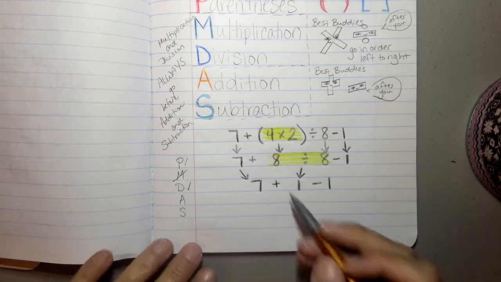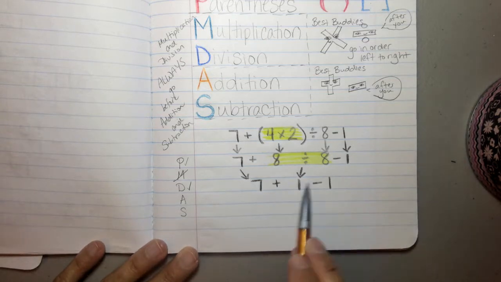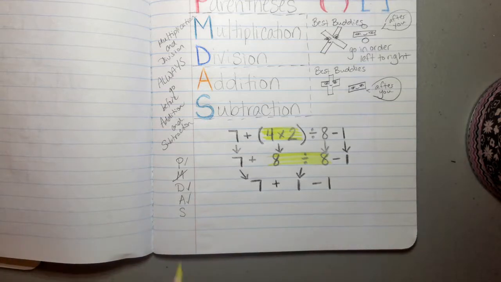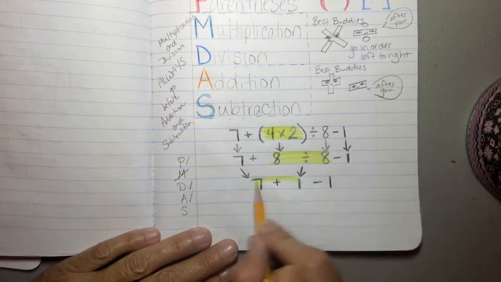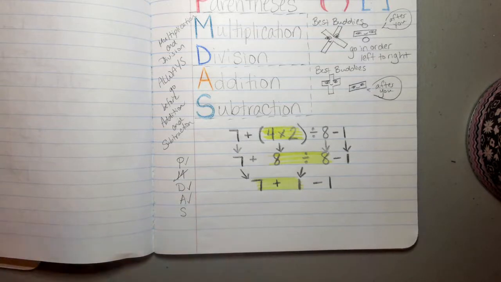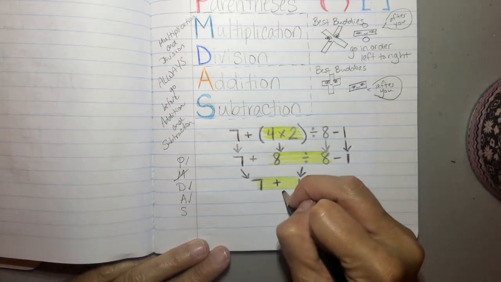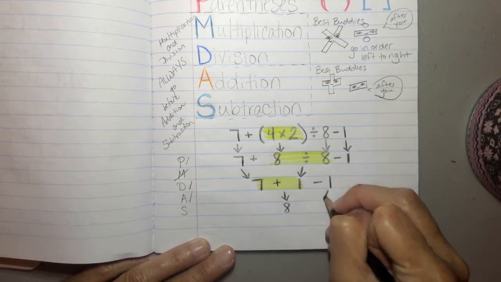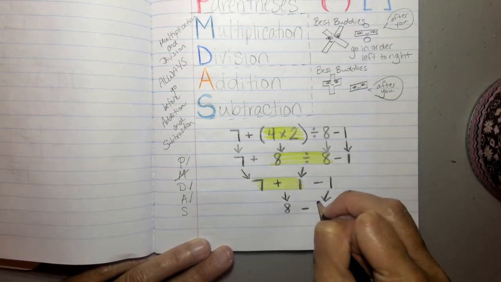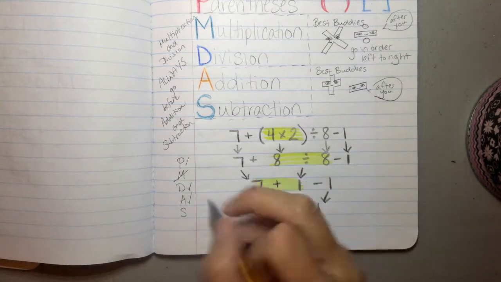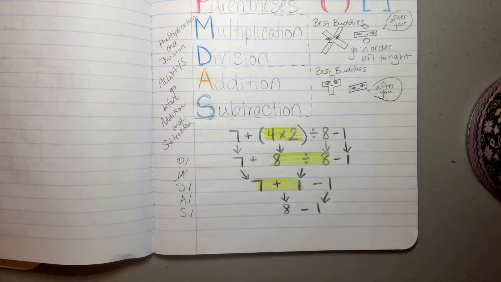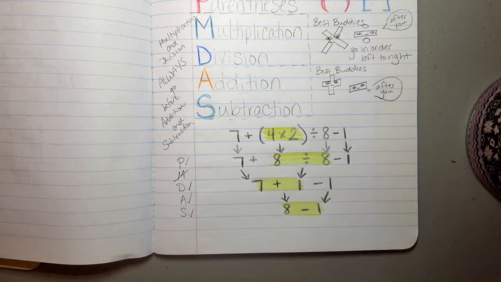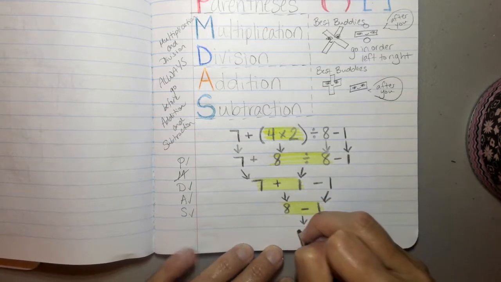So now all I have left is addition and subtraction, and the addition happens to be before the subtraction, so I'm going to do it first anyway. 7 plus 1 is 8, minus 1, and so now all I have left is my subtraction, and 8 minus 1 is 7.